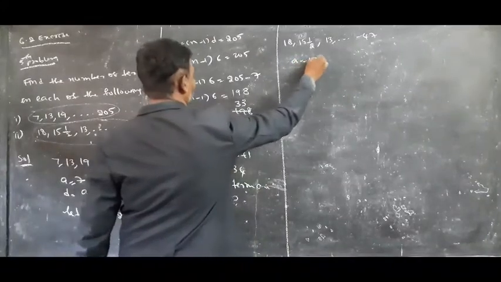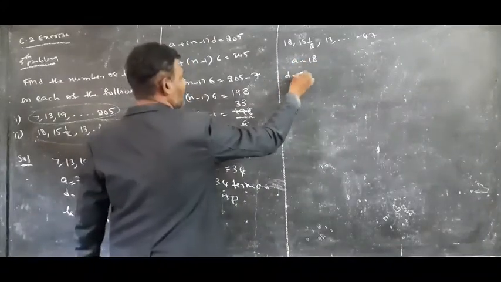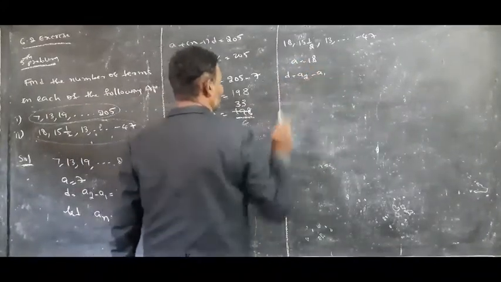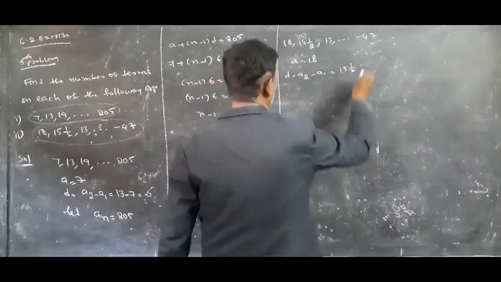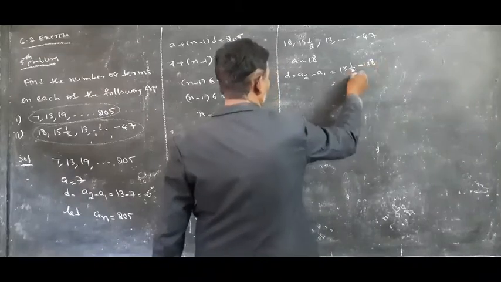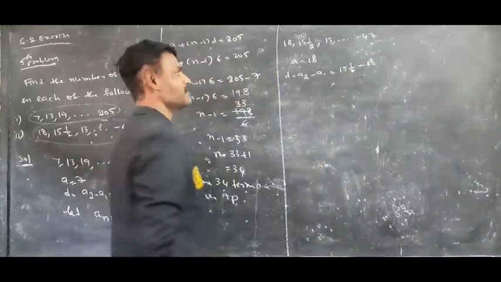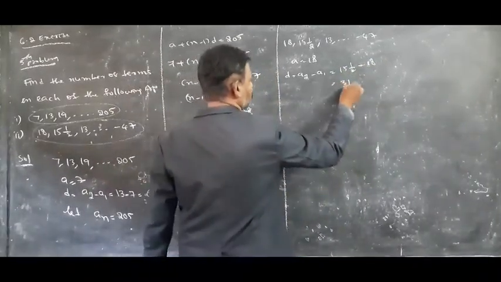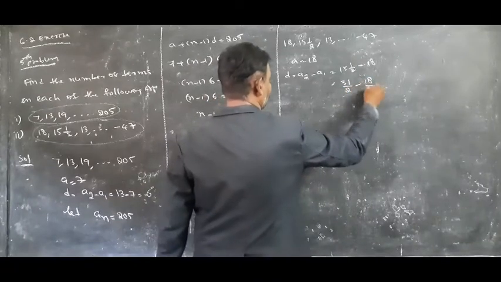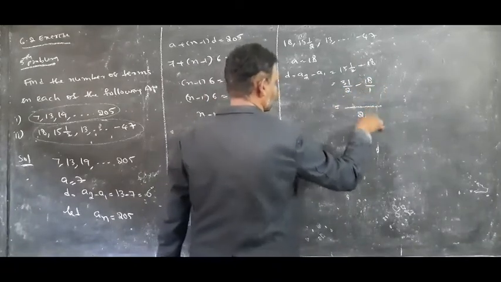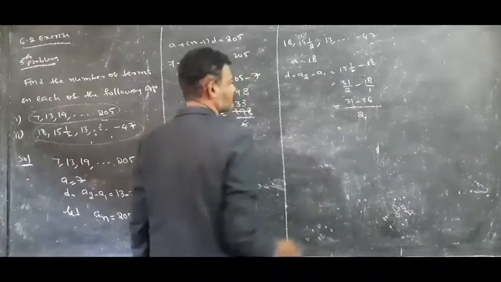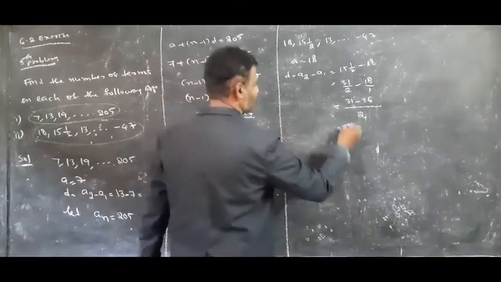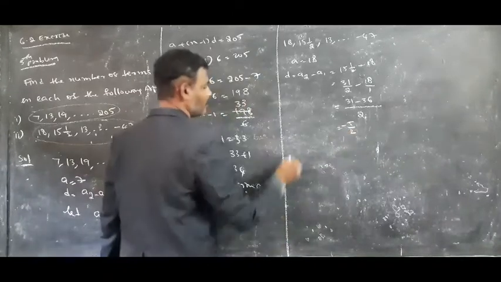What about a? a = 18. d = a2 - a1. a2 means 15½ - 18. 15 twos are 30, 30 plus 1, 31. 31/2 - 18. I am taking 2 as the LCM. So 31 - 36. It is -5/2.